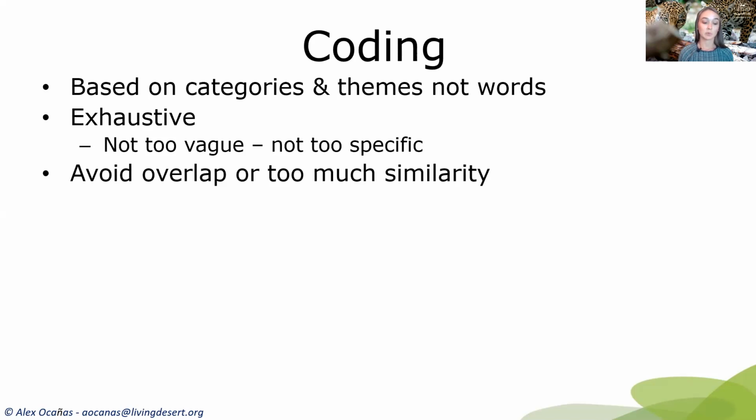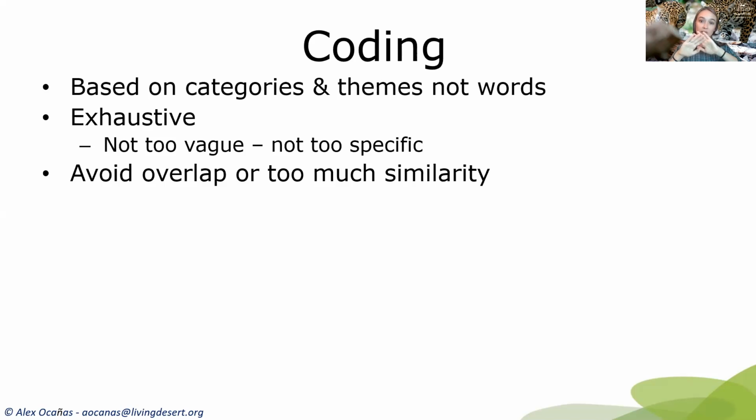Kind of on a similar note, we want to avoid too much overlap or too much similarity with our codes. Your codes should serve some different purposes. So let's say, again, we have quality communication and defined leadership. Those are clearly very different areas. But let's say we have defined leadership and visionary leaders.